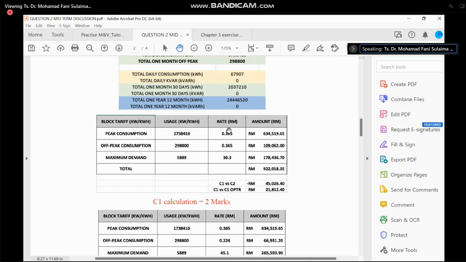So multiply with the rate 0.365, and please do not make the silly mistake about the price rate.